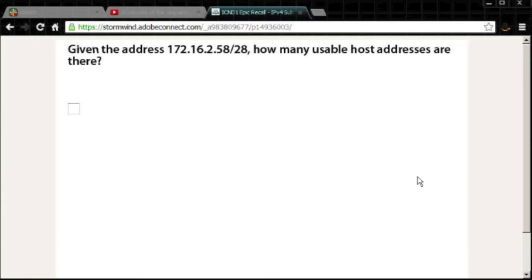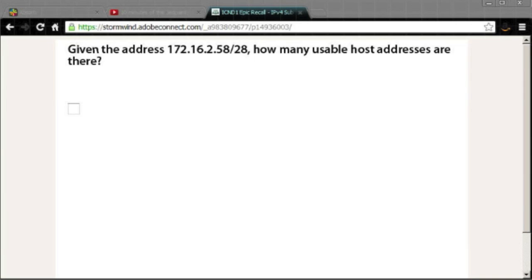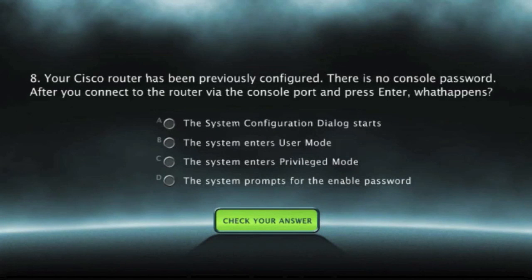Given the address 172.16.2.58/28, how many usable host addresses are there? Well, this should be pretty easy, shouldn't it?